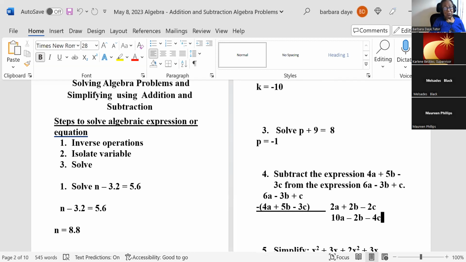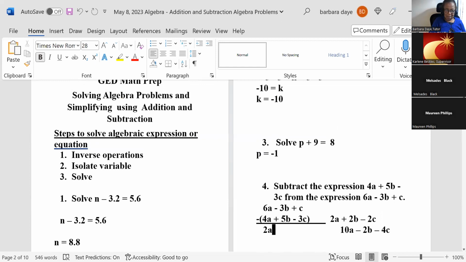Now, both of those answers are incorrect. And why are they incorrect? Okay, let's go through it. 6A minus 4A is what? Mercedes? 2A. So, Mercedes, why did you have 10? Because I added them. But it's a subtraction.